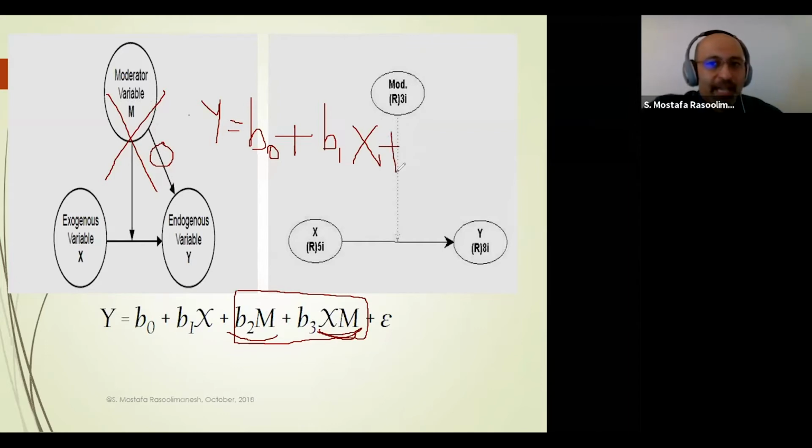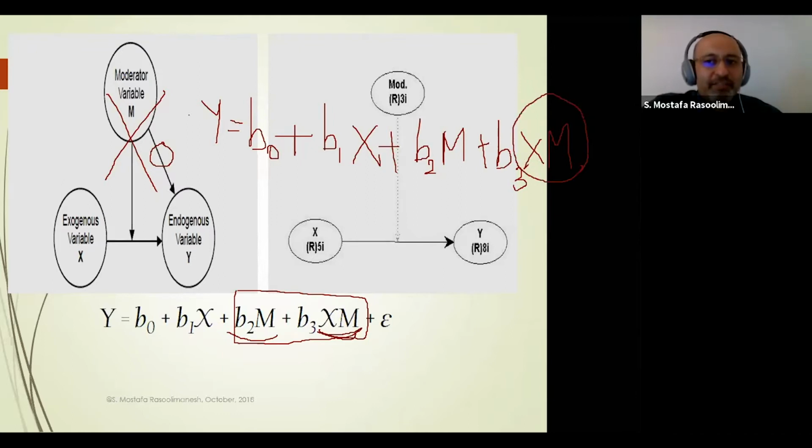So we add beta 2 M plus beta 3 XM. This term is called the interaction effect.